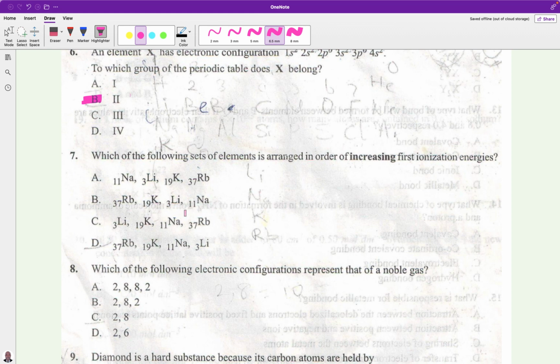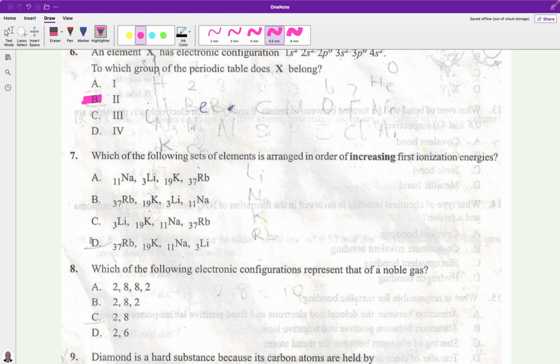We are told which of the following sets of elements is arranged in order of increasing first ionization energy. Our answer is D. I gave you the reason.